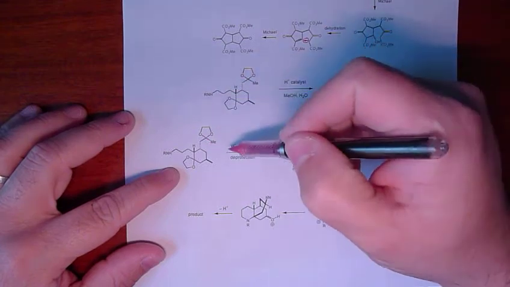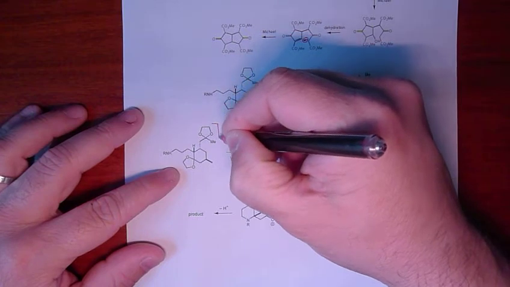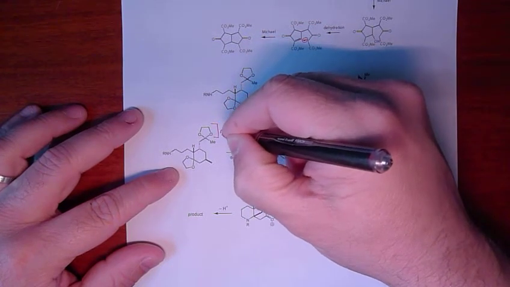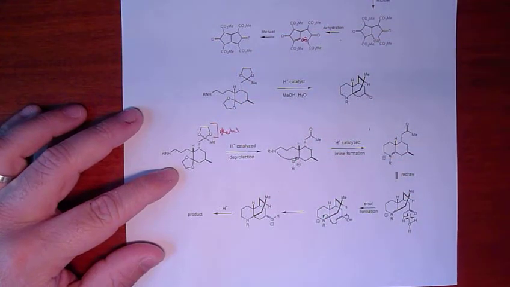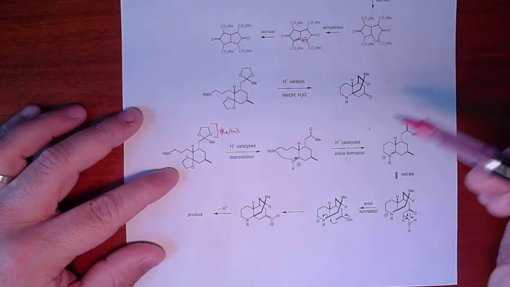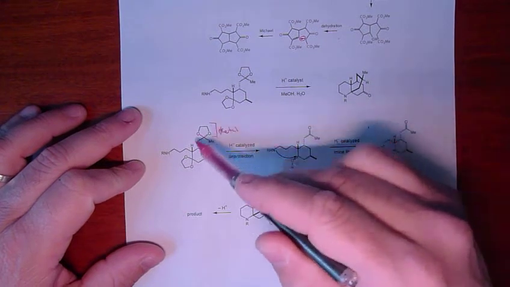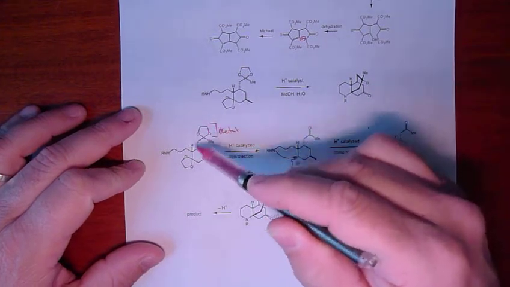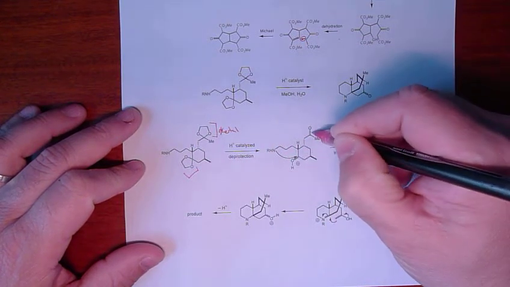The important step to realize is that what this is doing is taking this ketal, and if you're not familiar with this, you want to look at chapter 14, which talks about ketal formation. So the acid catalyst is converting these two ketals to the corresponding ketones.